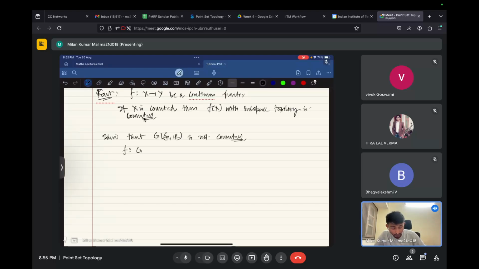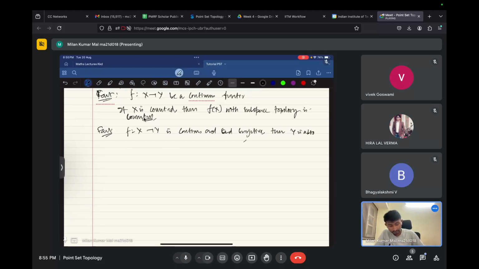Let f be a map from GLNR to the real numbers. But first, one more important fact: if f from X to Y is continuous and surjective, then Y is also connected. Let me write that one also.